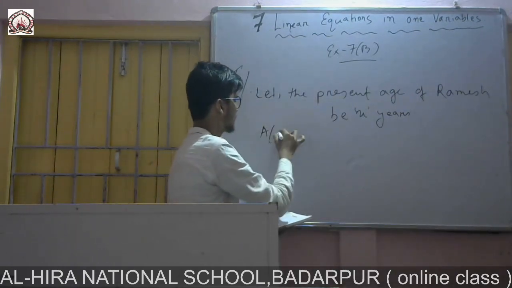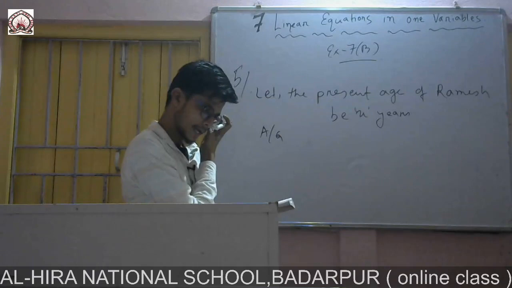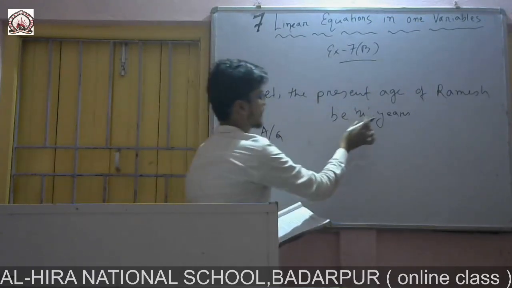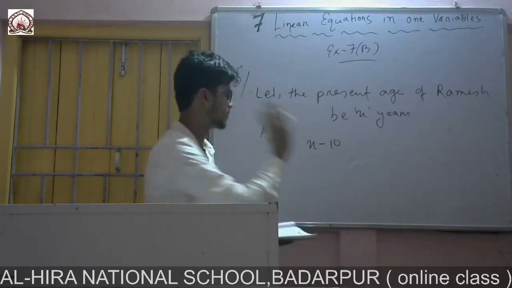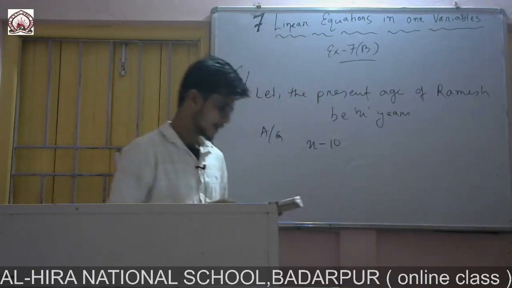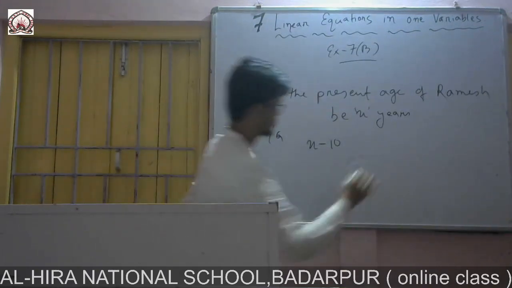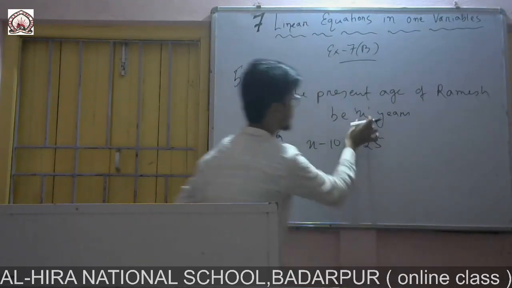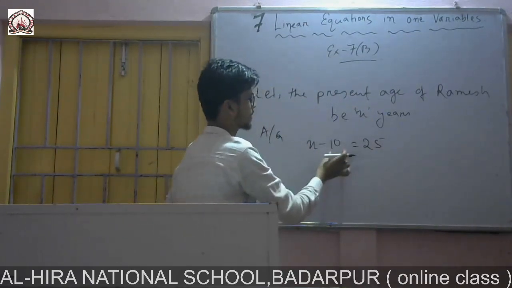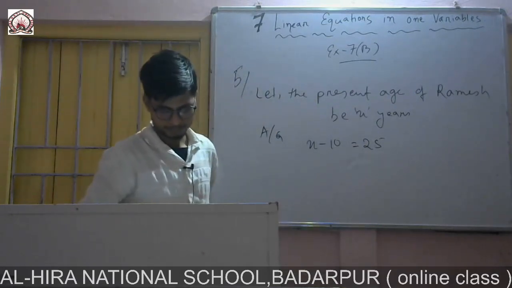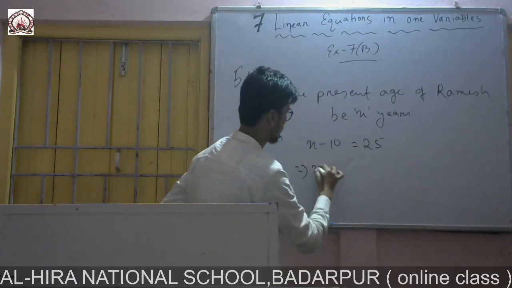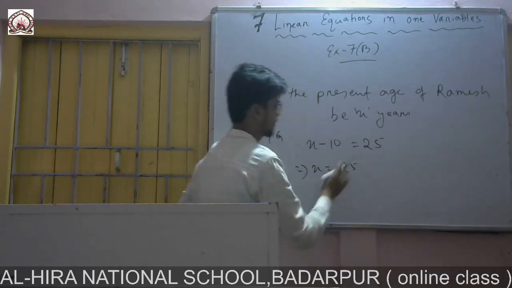In question it is given that 10 years ago, that means from present age I have to minus 10, and which is equals to, 10 years ago he was 25. Present age is x. So from x if I subtract 10, then I will get the value. So you write x minus 10 equals to 25.